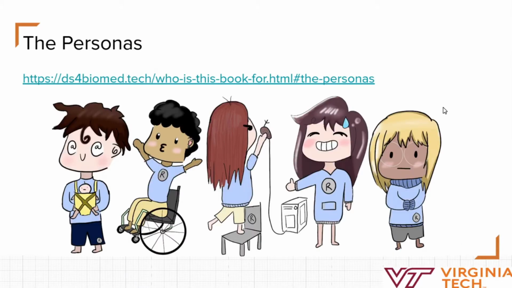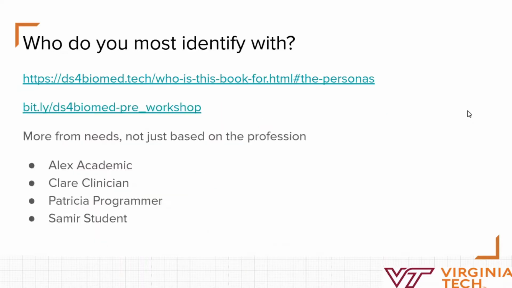Part of the dissertation I'm working on involves creating personas. These are fictional characters that represent some combination of the people here. You don't have to do this right now, but essentially we identified what an academic needs, what a clinician needs, what someone who's an actual programmer needs, and what students need.